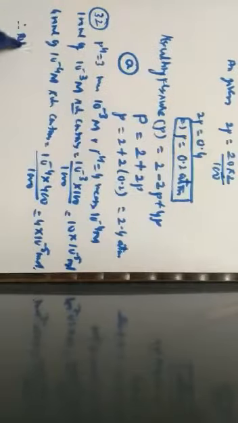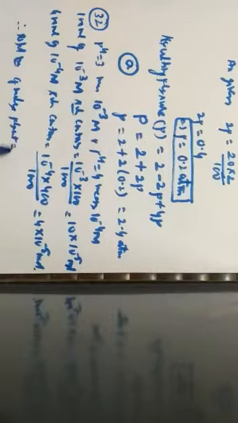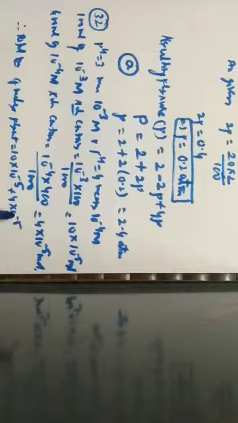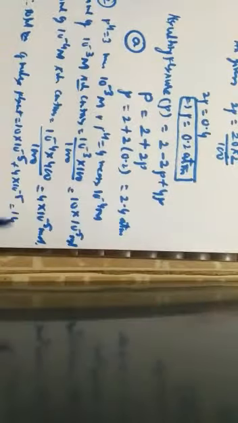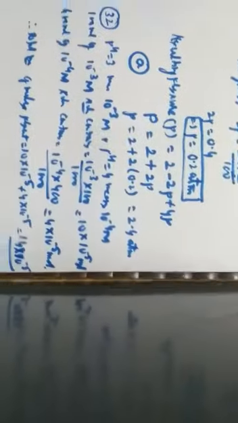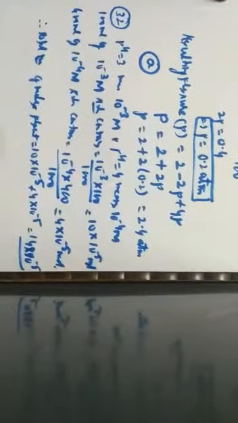Therefore, the total number of moles present is 10 into 10 to the power of minus 5 plus 4 into 10 to the power of minus 5, that is equal to 14 into 10 to the power of minus 5 moles.